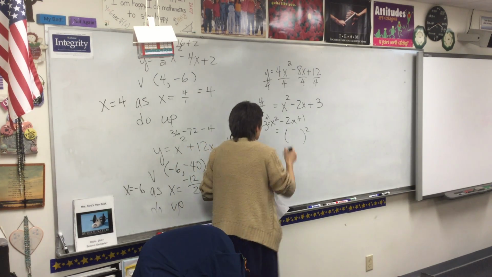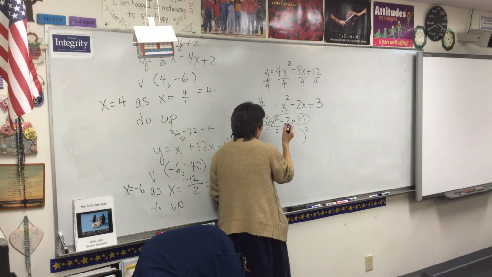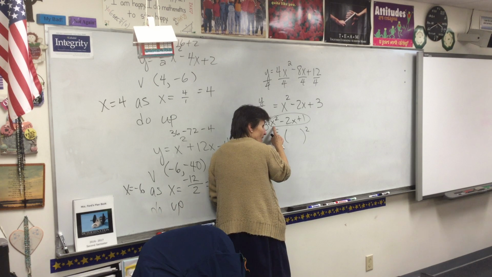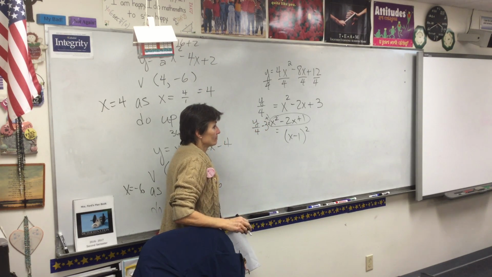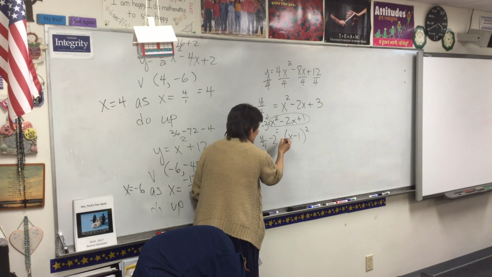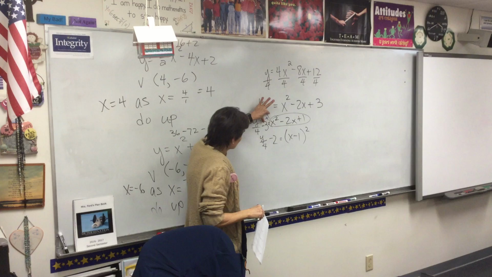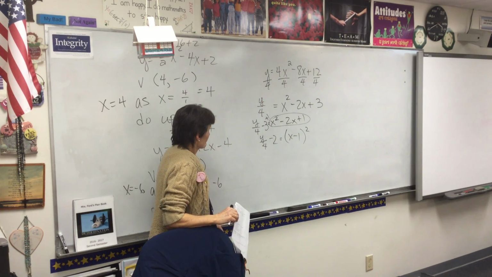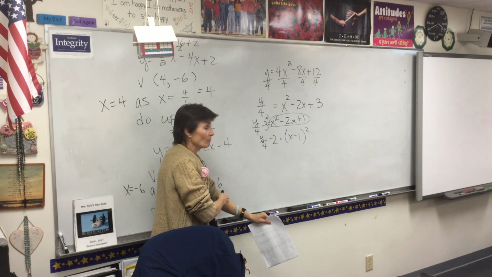Then immediately I'm going to write this as a perfect square. So what perfect square will that be? x minus 1, squared. And that equals y over 4 minus 2. Because I can add these 2 together. Now let's put things back so y is by itself again.